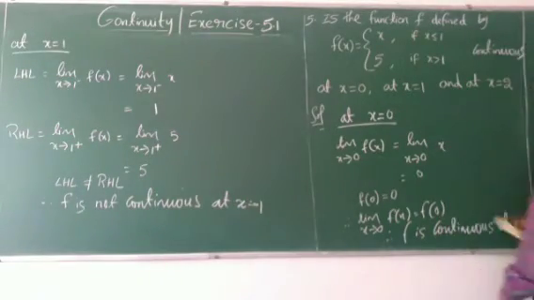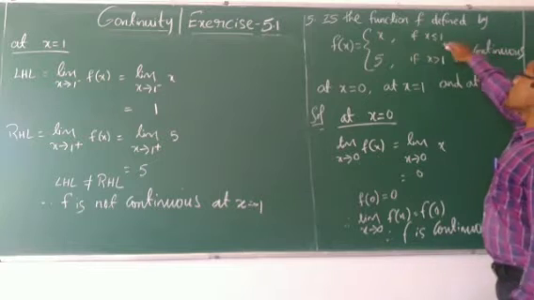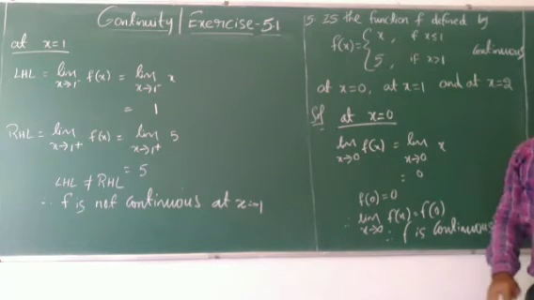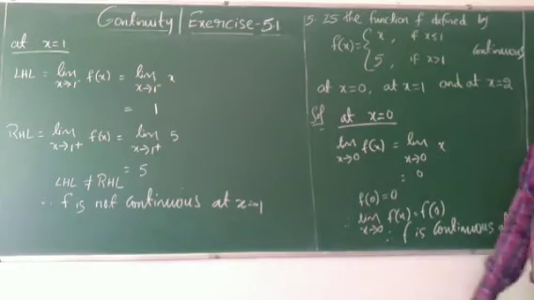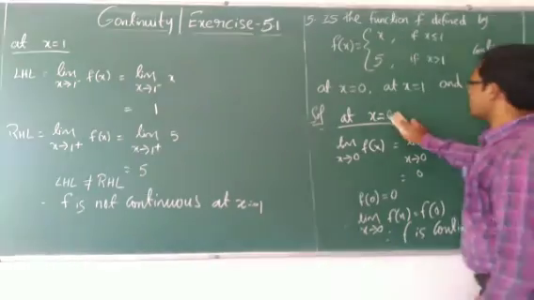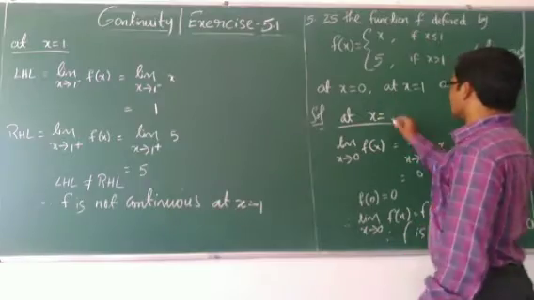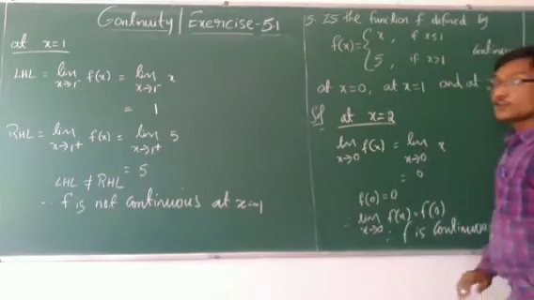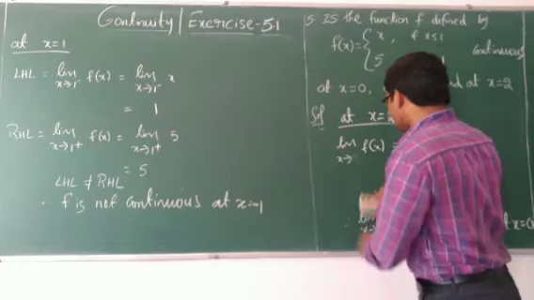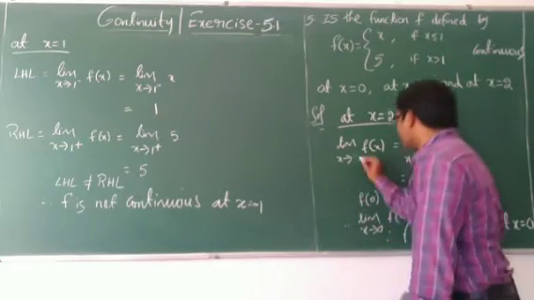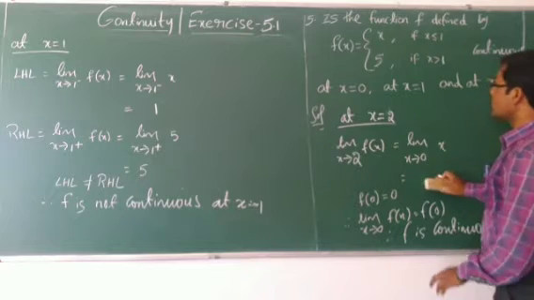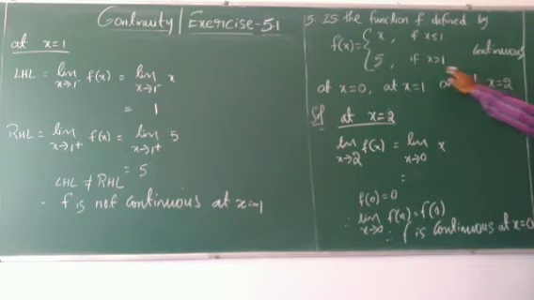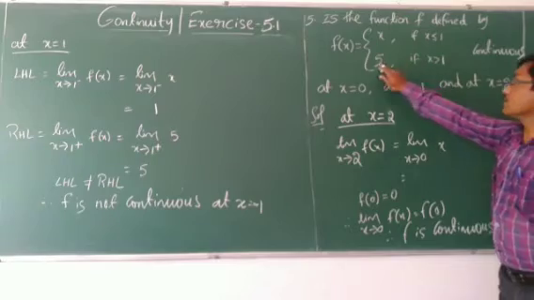Next, at x equal to 2. Again, if we observe here, we do not have less than, greater than up to 2, right? So we do not have to find the left hand and right hand limit. Directly we will take x equal to 2. We will substitute at x equal to 2. That means you have greater than 1. 2 is greater than 1.